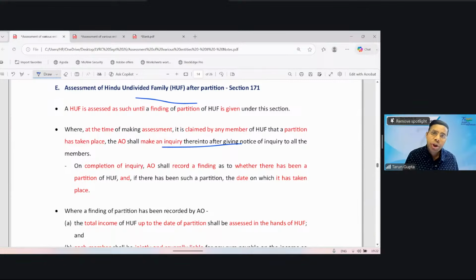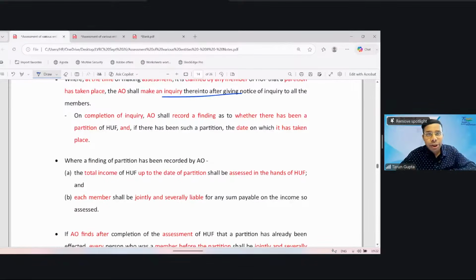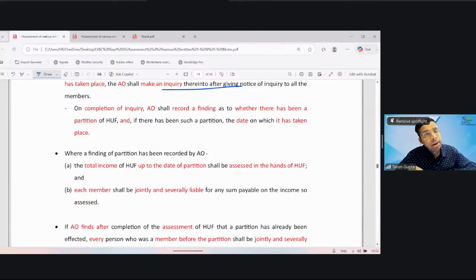If there is a full partition, then the income of the HUF up to the full partition shall be taxable in the hands of the HUF, and whoever are the members shall be jointly and severally liable for the dues of the HUF. If the partition happens after the assessment, then whoever was the member on the date of such partition shall be liable for the dues of the HUF. Okay. So similar to the partnership firm.